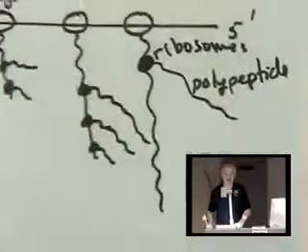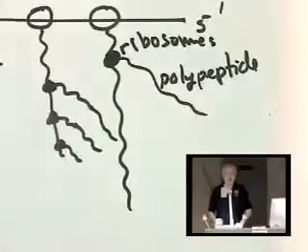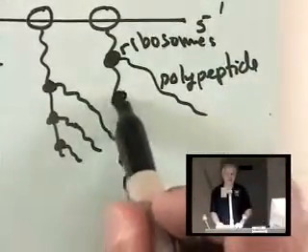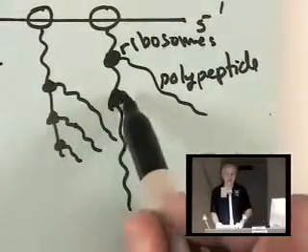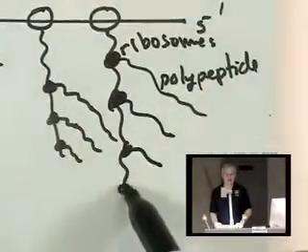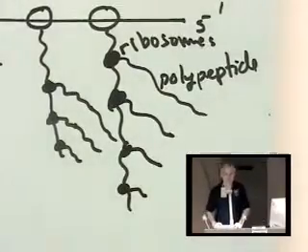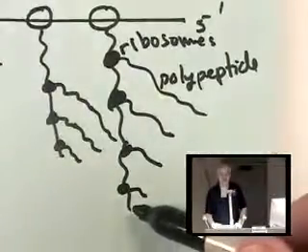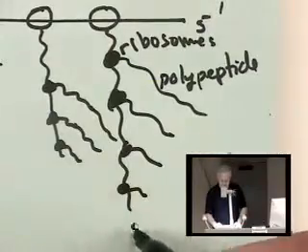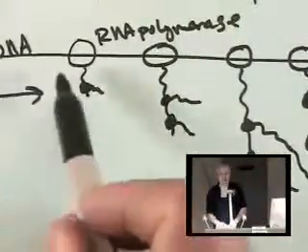Right? So with the prokaryotes, this messenger RNA has been there the longest, so we're going to have more ribosomes on it. So this is the first part of the messenger RNA that was produced, the 5' end, way over here when it first got started.